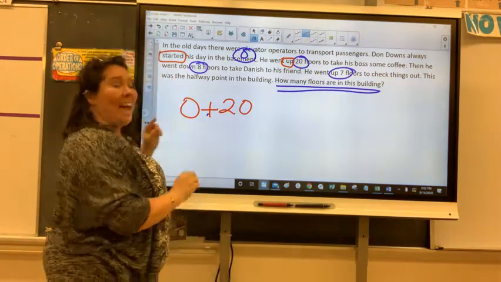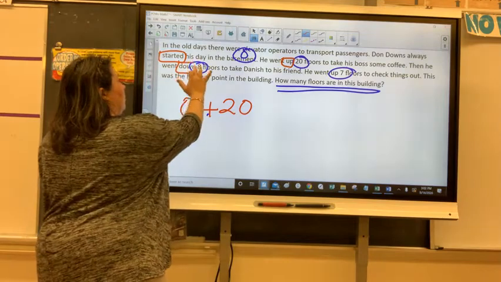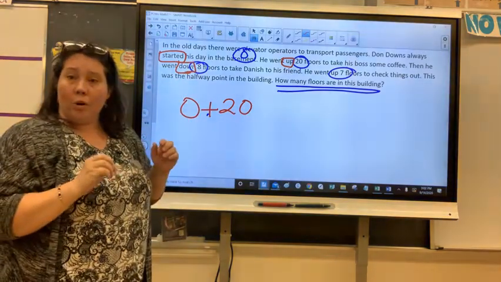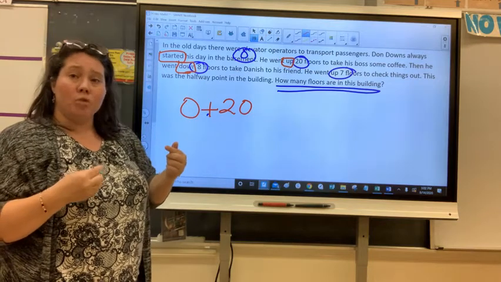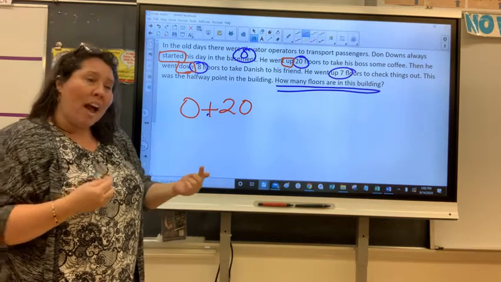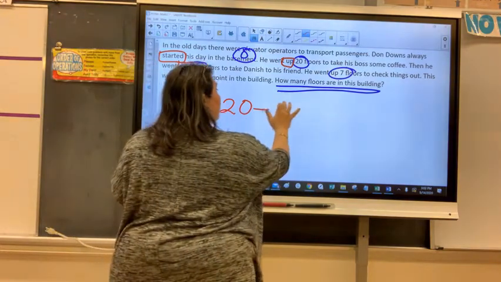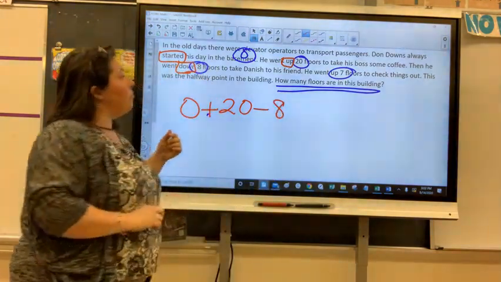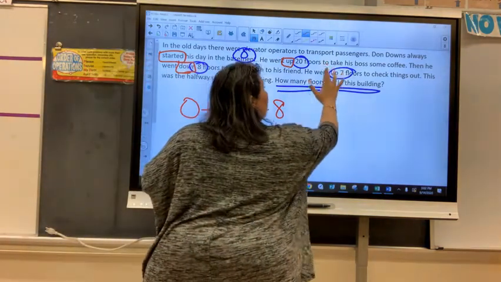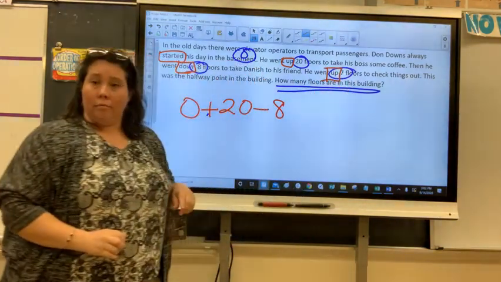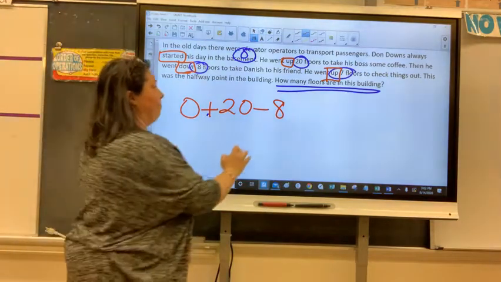Then he went down. Down is a keyword as well. Down, the opposite of up, means subtraction. We're going to subtract 8 floors. Then he went up 7 floors. Up again. Up means addition.